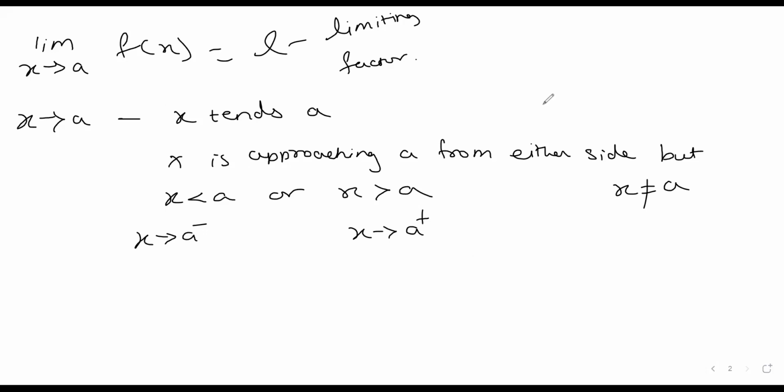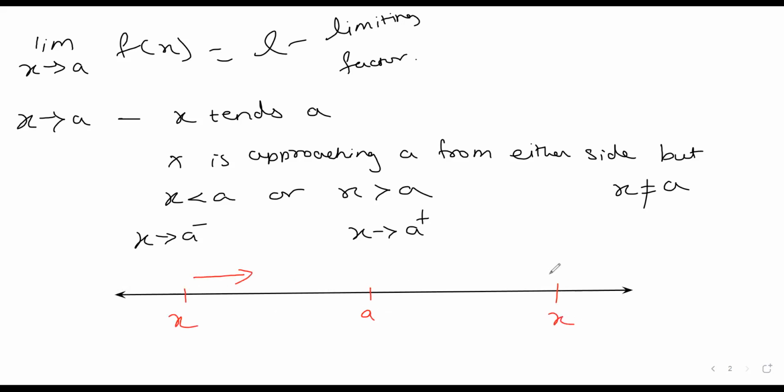Okay, so if this is my number line, and if this is a, this is x, x is either less than a and approaching a, or x is either greater than a and approaching a, but at a time it will either come from here or it will come from here. It will never become equal to a, so it will never cross a, but x determines y, so we know that y will also never cross L, and this is called as evaluating the limit.